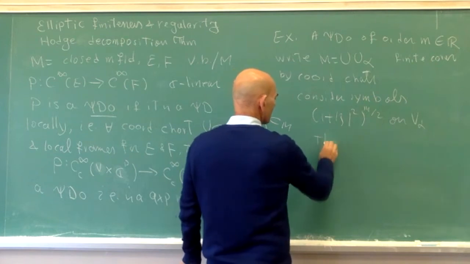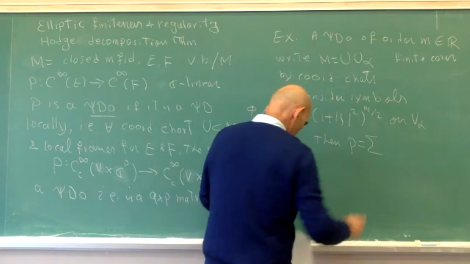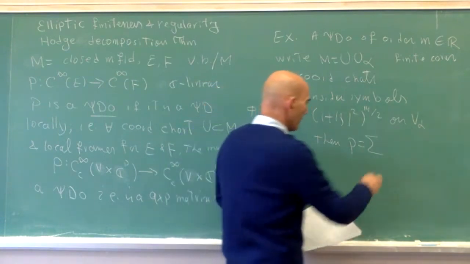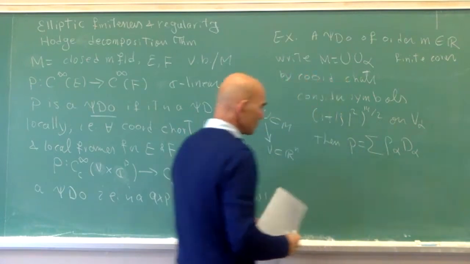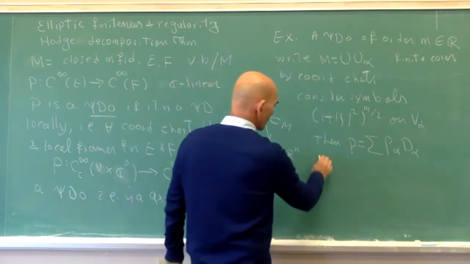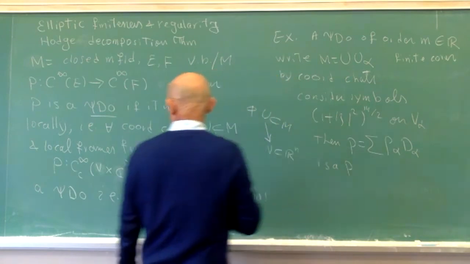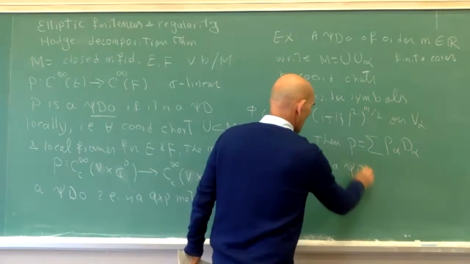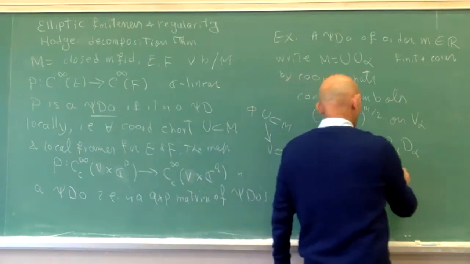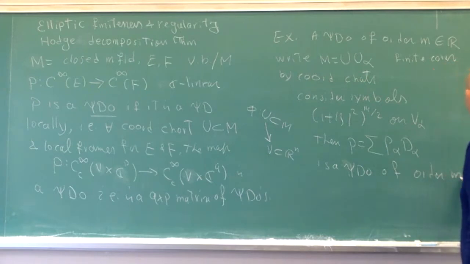Then P, which is equal to the sum of rho alpha P alpha, is a pseudo of order m.